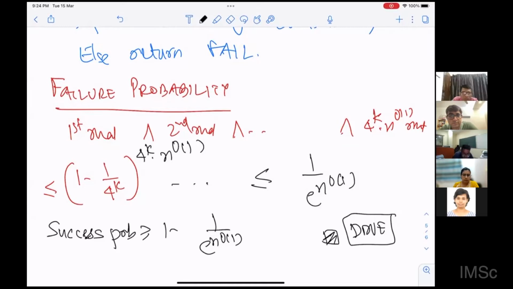So why don't we run just 4 to the power k many rounds? Why 4 to the power k into n to the power of order of 1? Oh, you could do 4 to the power k. This is still fine. I just did this to boost the probability even further. What I meant to say is that by running it in polynomially many more rounds, you can bring the success probability as close to 1 as possible.